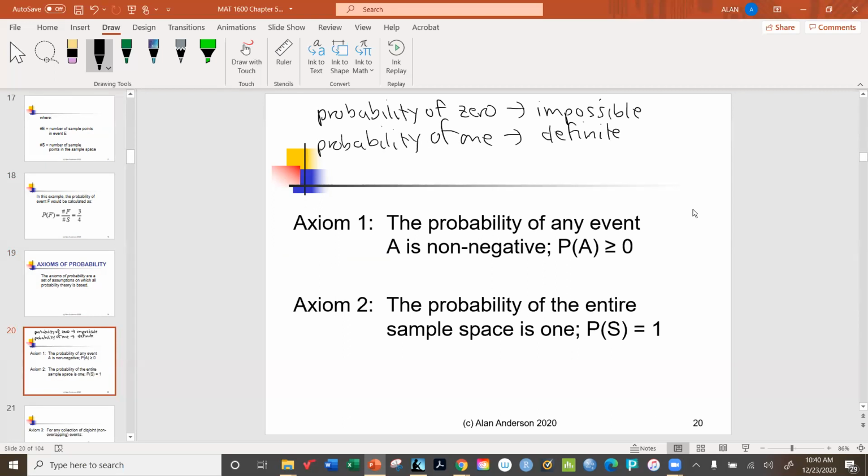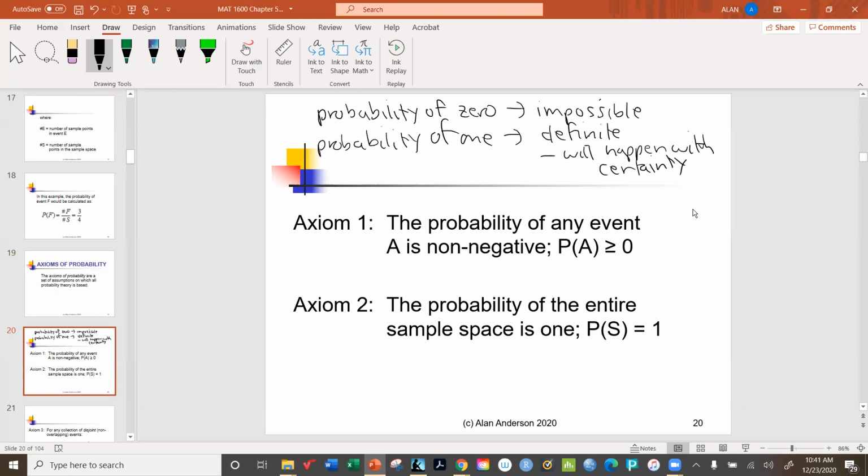In other words, this is something that will happen with certainty. Okay, so therefore, all probabilities have to fall somewhere in between. There's no such thing as a negative probability.